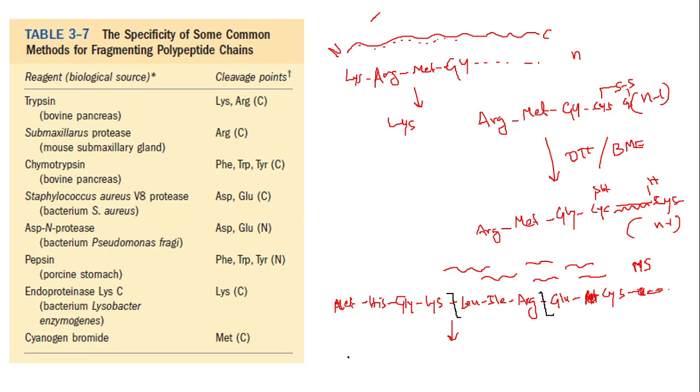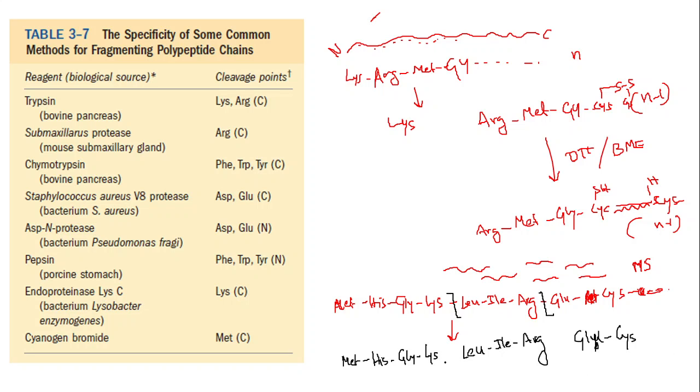So the product is going to look like this: methionine, histidine, glycine, lysine, with lysine being the C terminus. It's going to produce leucine, isoleucine, arginine. And glutamic acid and cysteine is the third product.